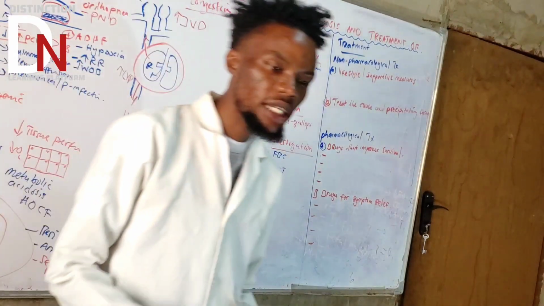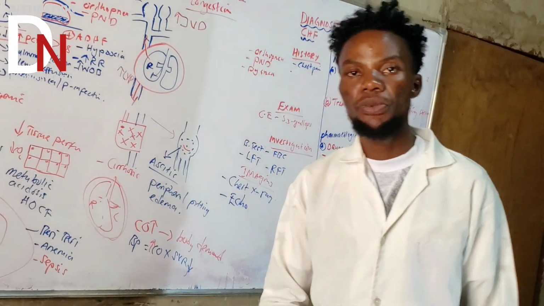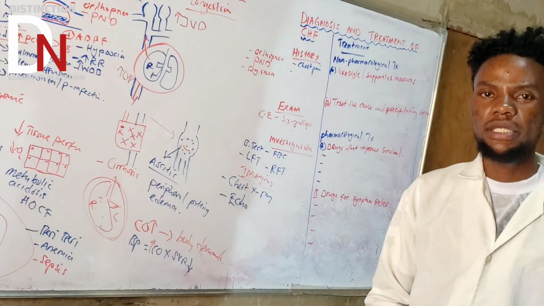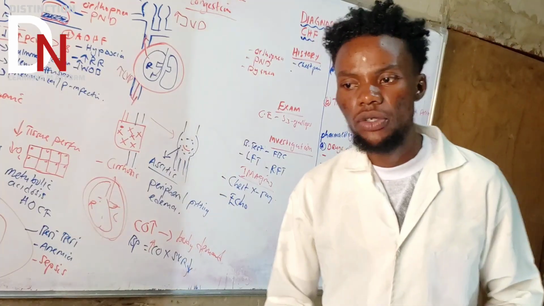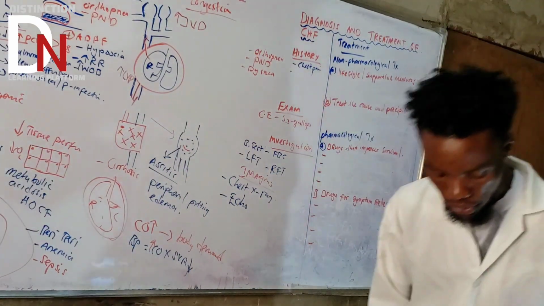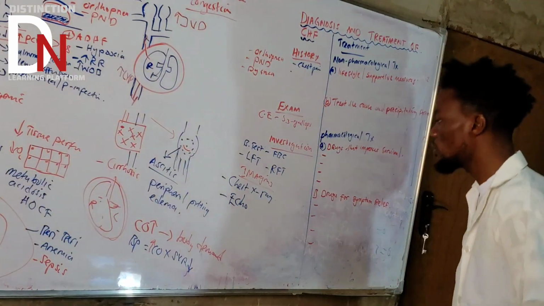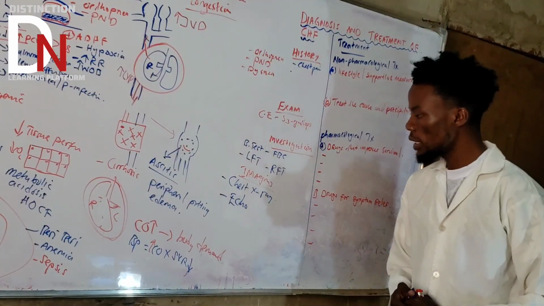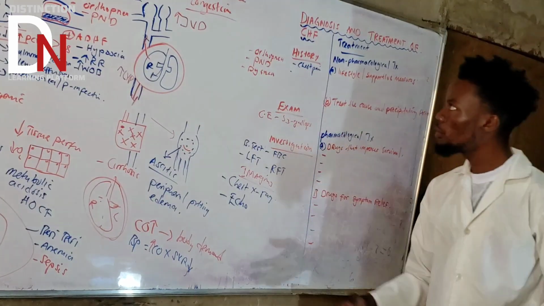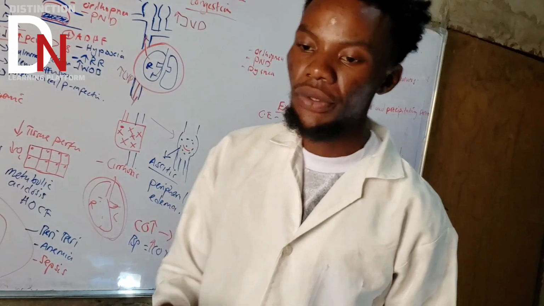Sometimes you can do an electrocardiogram. It is going to help you look at arrhythmias. If the left ventricle is hypertrophied, it's going to show you that. These are the very important investigation procedures and the diagnostic approach that you can do.